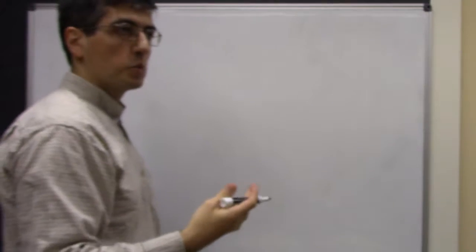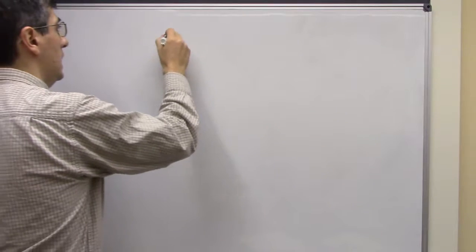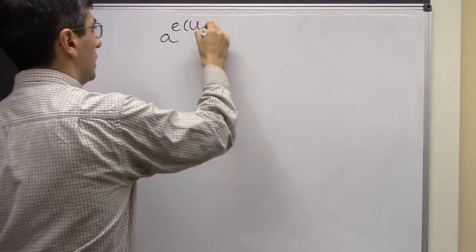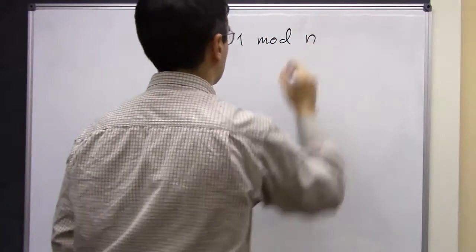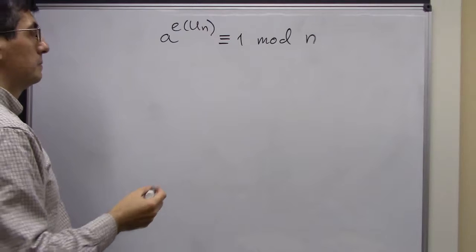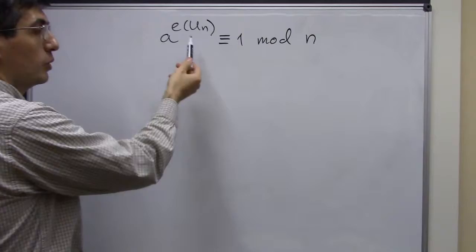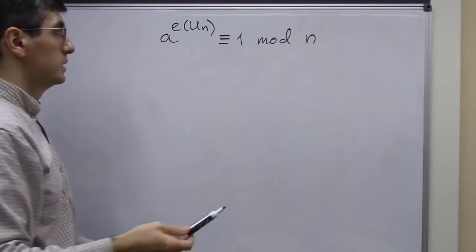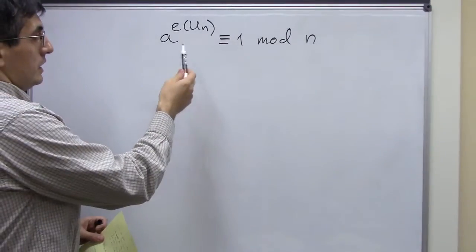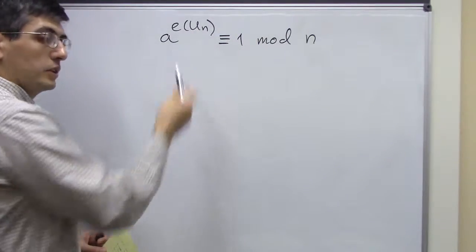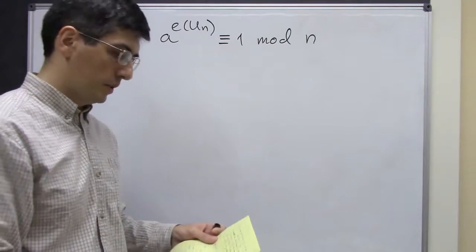The exponent of the group is a number that kills every element in the group. So this means that a^E(Un) is congruent to 1 mod n. And the exponent of the group, of course, divides the order of the group. This simply follows from Lagrange's theorem. So the fact that the exponent of the group can be significantly smaller than the order of the group is the generalization of Euler's theorem.